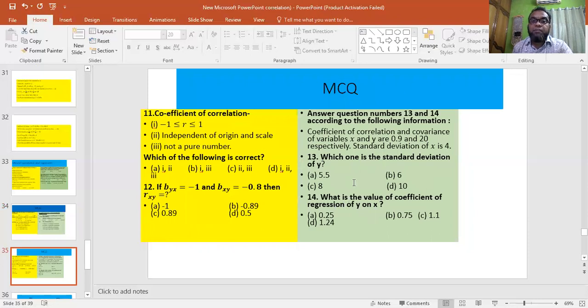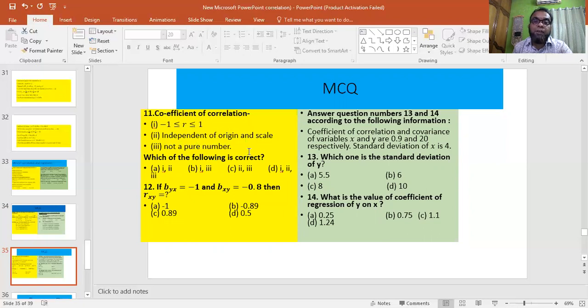Number 11. Coefficient of correlation lies between minus 1 to plus 1. This is correct. Independent of origin and scale. Coefficient of correlation is independent of origin and scale. Yes, it is also correct.